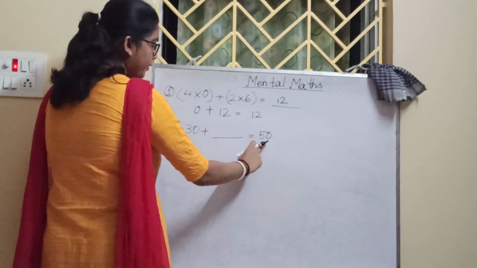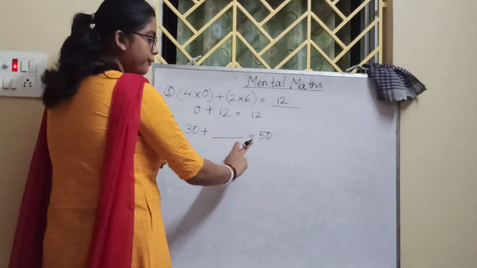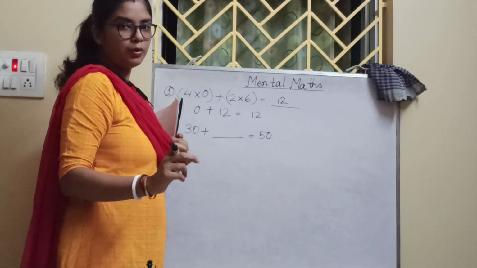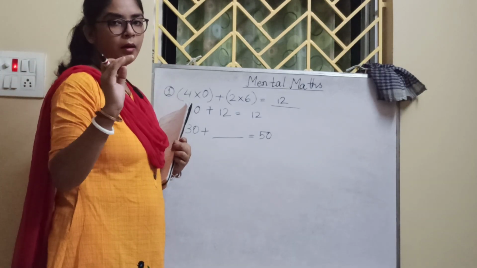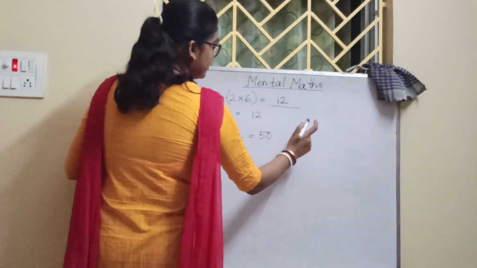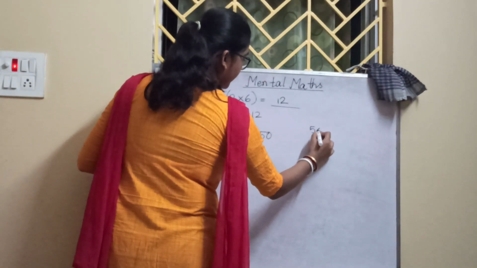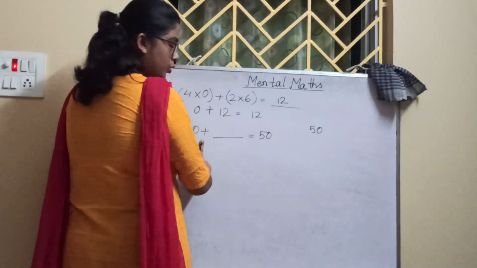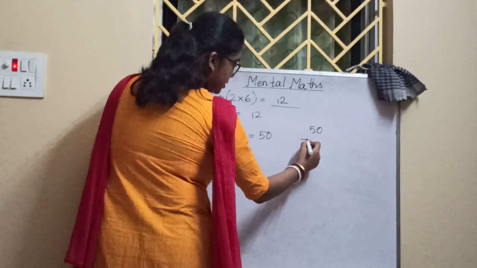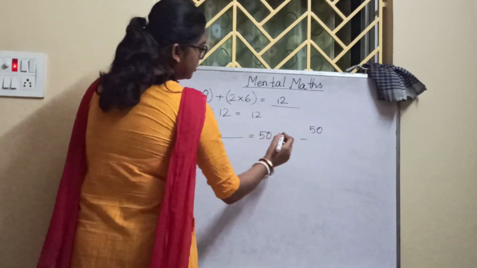Which is greater, 50 or 30? 50 is greater. When we do subtraction, we put the greater number first and then the smaller number. So we write 50 here. The addition sign changes to a subtraction sign, and then 30.